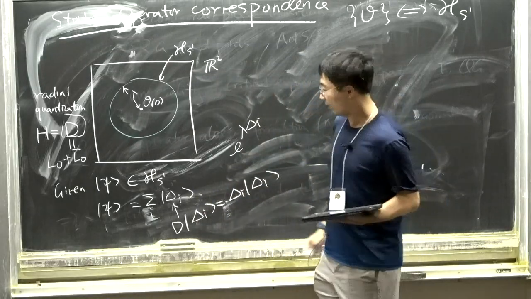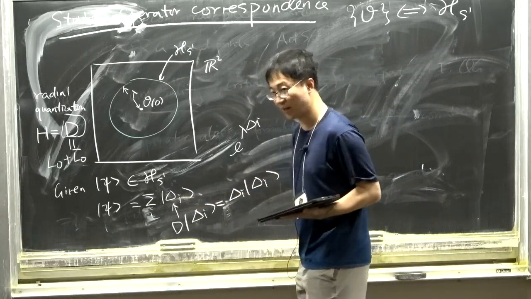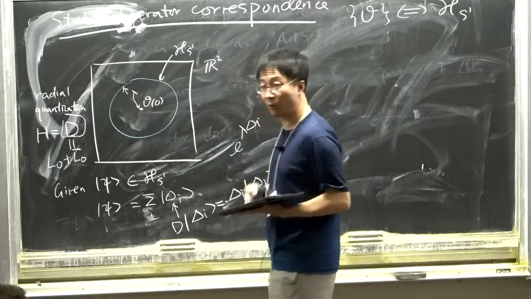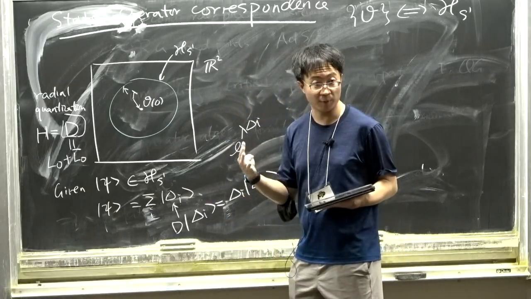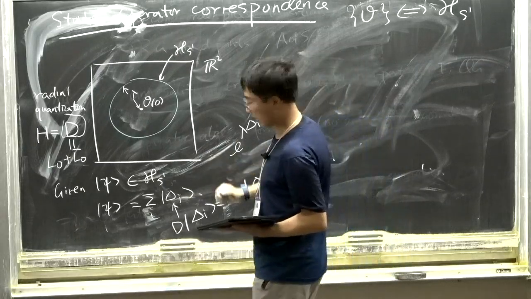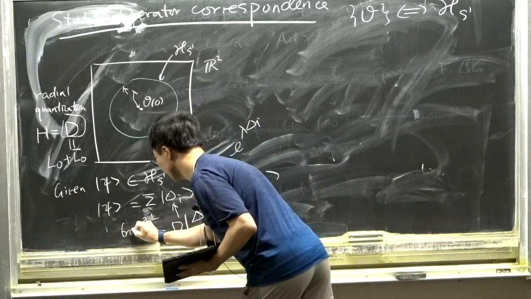But if you truncate this sum to a finite number of dilatation eigenstates, which you can do when you have conformal symmetry or scaling symmetry, then this limit exists. So emphasize here, truncate.